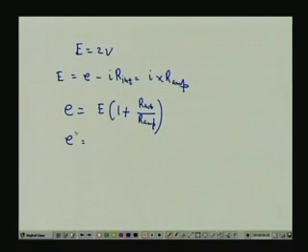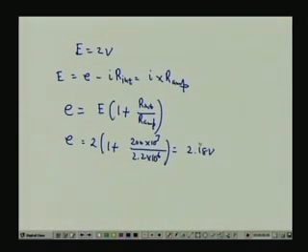If I plug in all the values, it will become 2 into 1 plus 200 into 10 to the power 3 upon 2.2 into 10 to the power 6, equal to 2.18 volt.